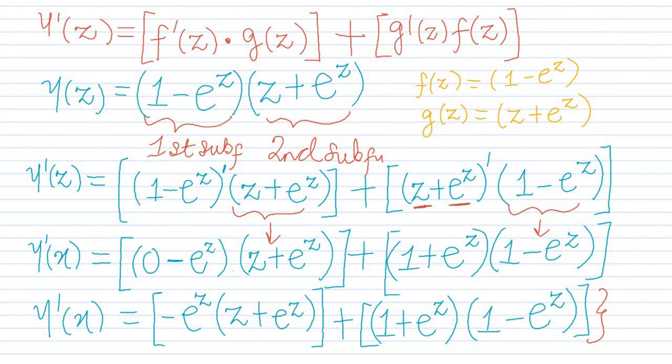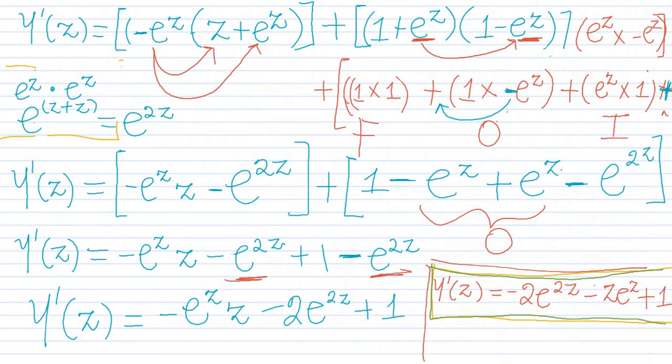Then you compare your question to the general formula, and when you compare it, you identify the two subfunctions, and then you substitute those two subfunctions in your question into the general differentiation formula. When you do all of that, you apply the differentiation on each one of the places where you're expected to differentiate. When you can do that, you multiply them up and then you add them all up.